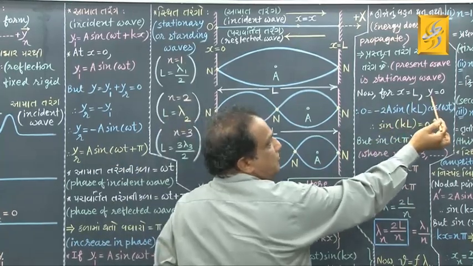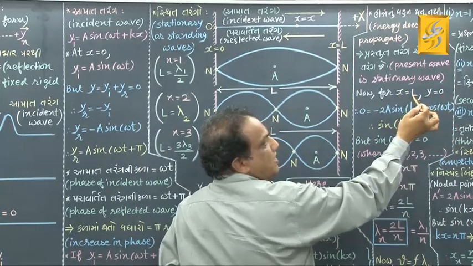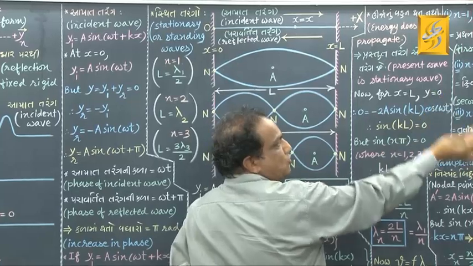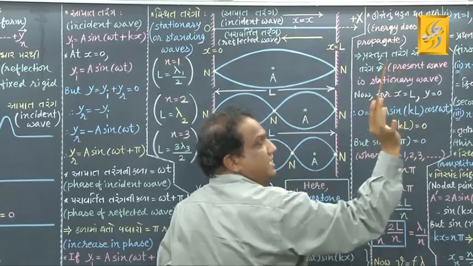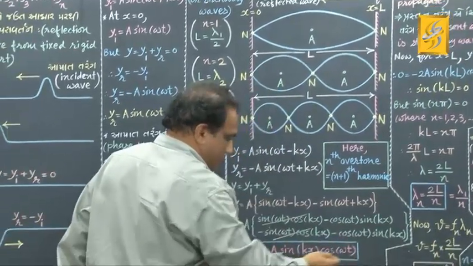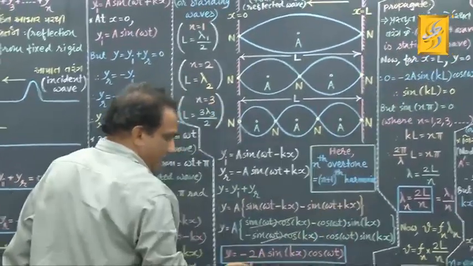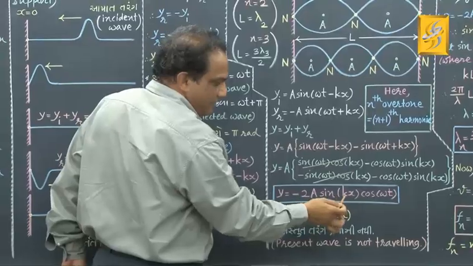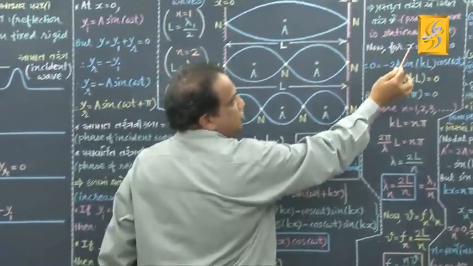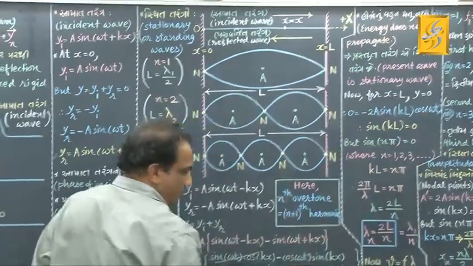So y must be equal to 0. Put these two values in this equation. Y is 0, and that equals minus 2a sine of kx. But x equals L. Put it here.